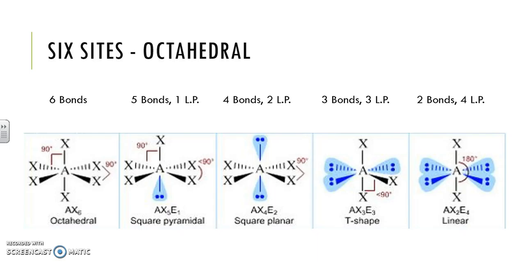If we replace one of the bonds with a lone pair, it goes to something called square pyramidal. Another bond with a lone pair, square planar. All 4 are around the center axis in a square type shape. Another one, go down to 3 bonds, 3 lone pairs. That's called T-shaped. Replace 1 extra bond with one of those extra lone pairs, and it goes back to being linear.